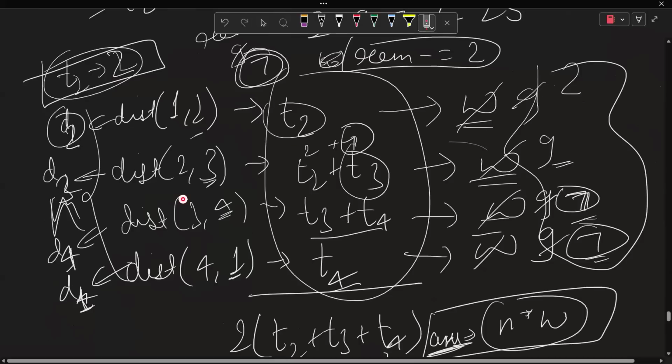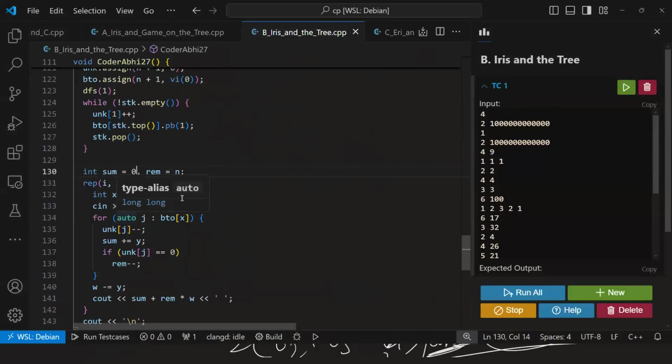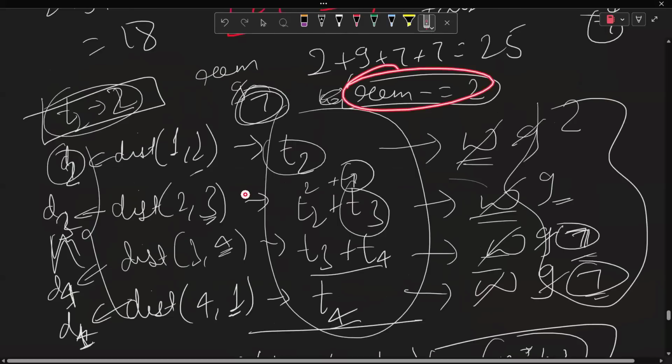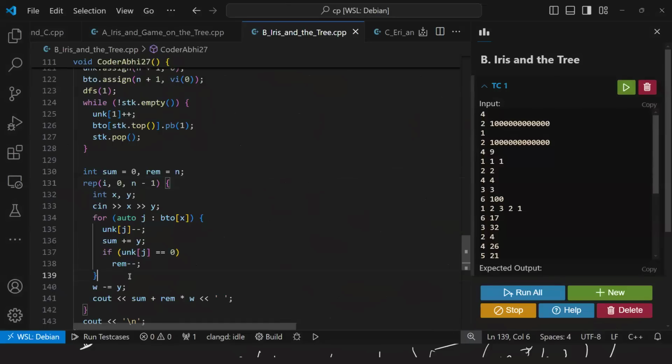So the contribution of the known edges is stored by my sum. Initially there are no known edges, so my contribution for the known edges in my sum is 0, and remaining is n. This is the number of distances where there is some unknown weight. Okay, this remaining is not the remaining I wrote here. This remaining is stored in W only. I'm updating my W only like that.